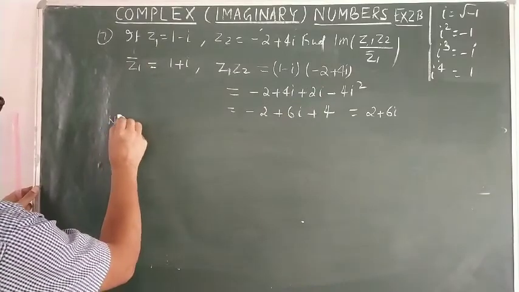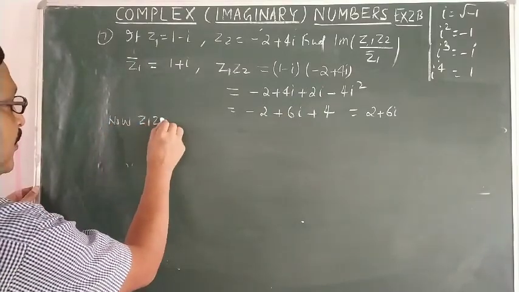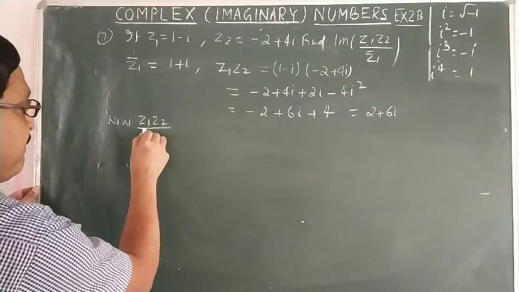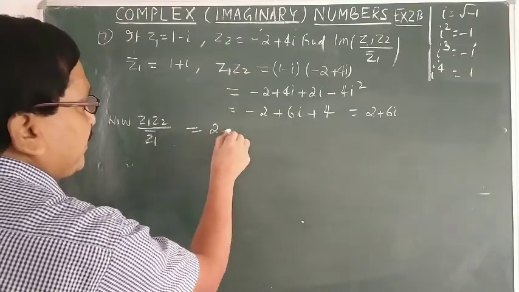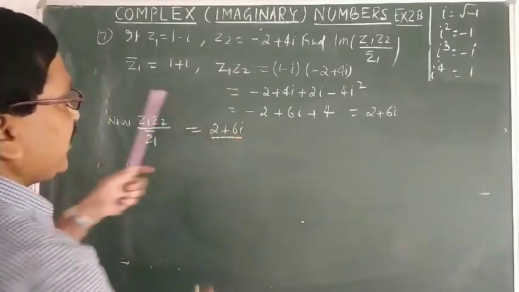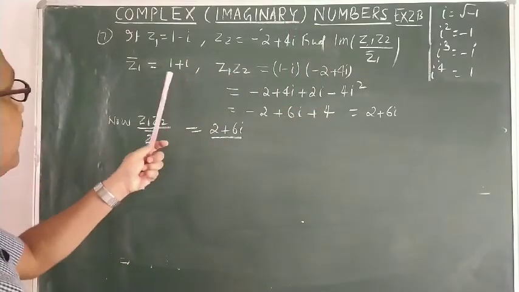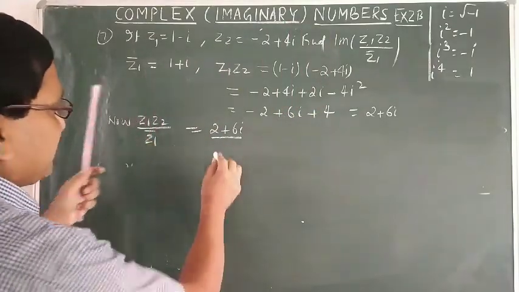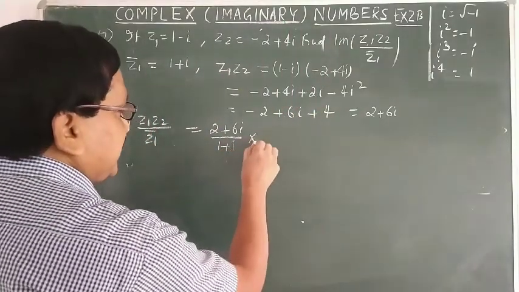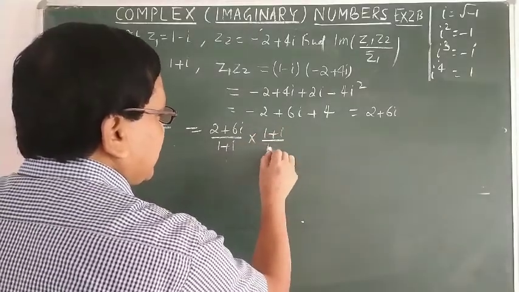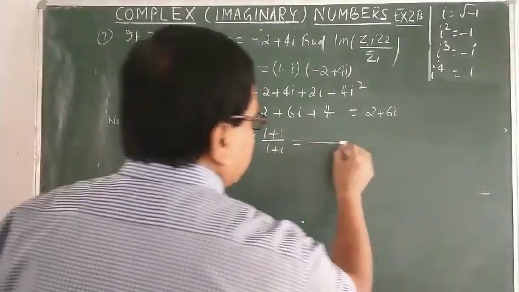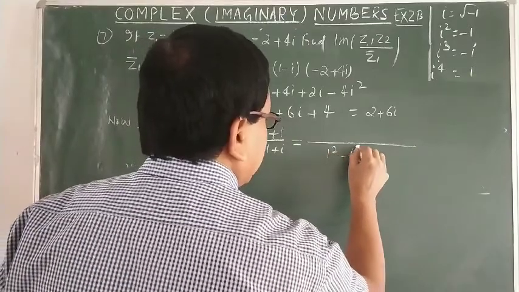Now z1 z2 by z1 bar. So this is equal to 2 plus 6i, put the value of z1 z2 and z1 bar. Z1 bar is this, 1 plus i. Now rationalize it. This is a square minus b square.